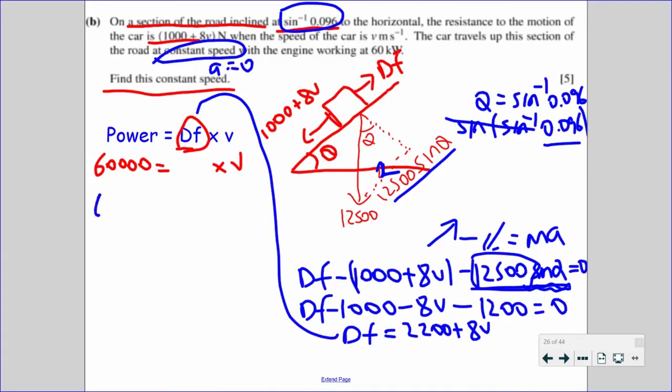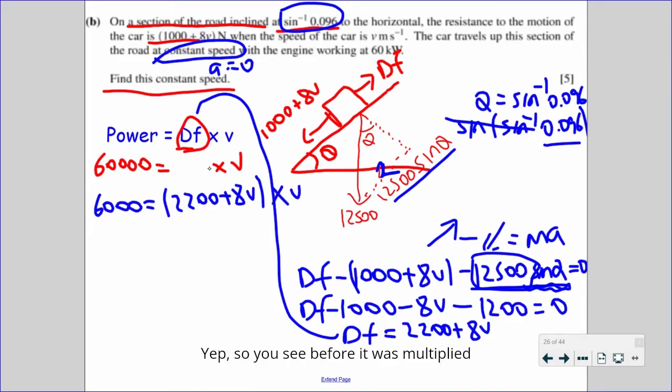So you see before it was multiplied by v, right?